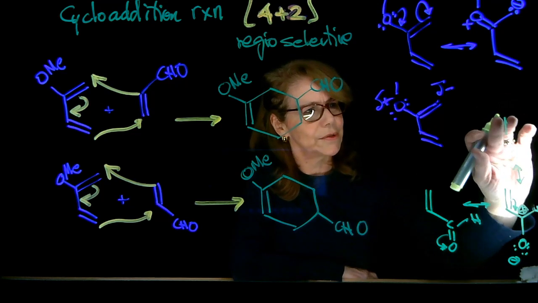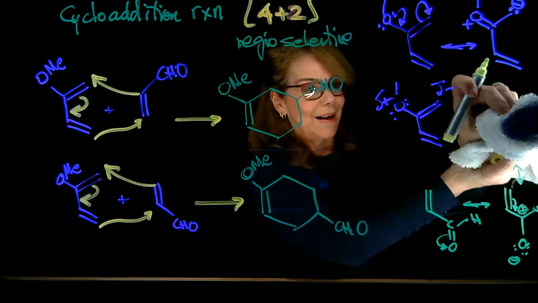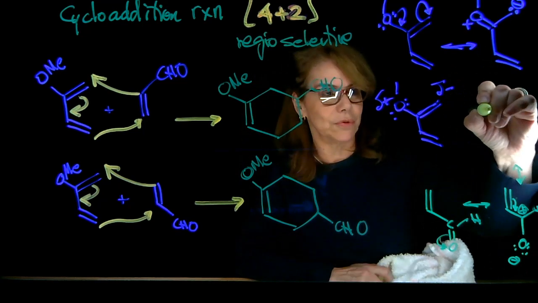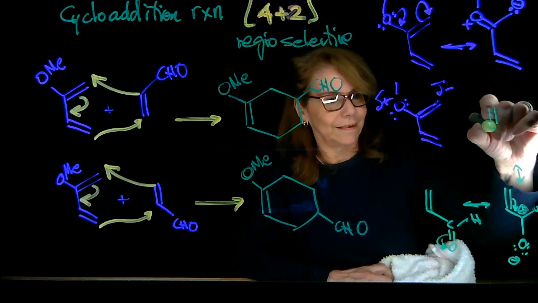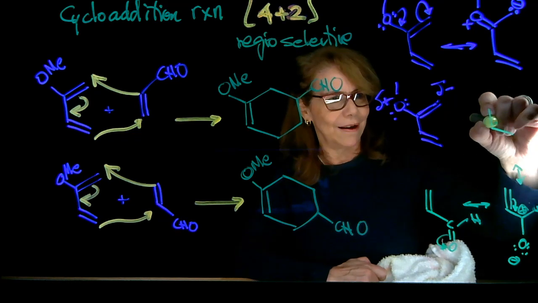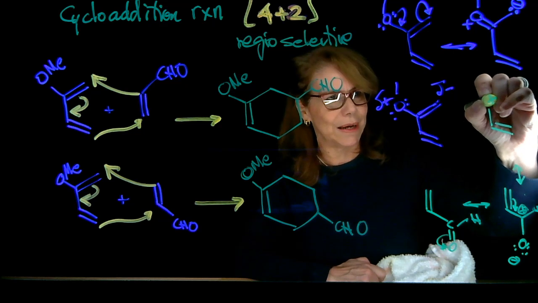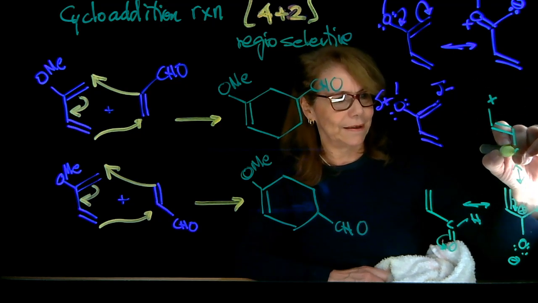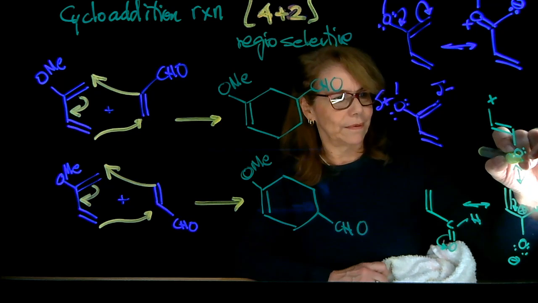In that resonance structure, I'm drawing it up here since we don't have much room, but this is going to be useful. When I do that, I no longer have that double bond. I have it here, but I'm going to have a positive charge here.